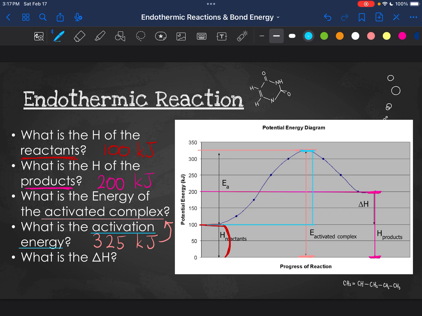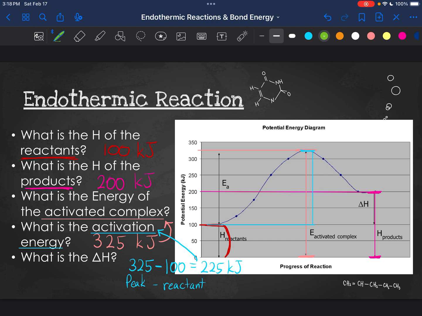Pretty simple. All we're going to do is the peak, which was 325, minus our reactant, which is 100. And that gives us 225 kilojoules. Right there. So I'm just going to write down that word again. Peak minus reactant gives us activation energy.